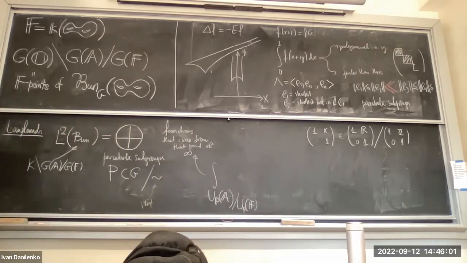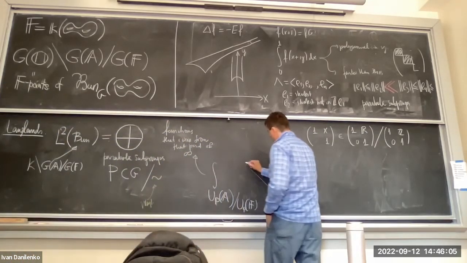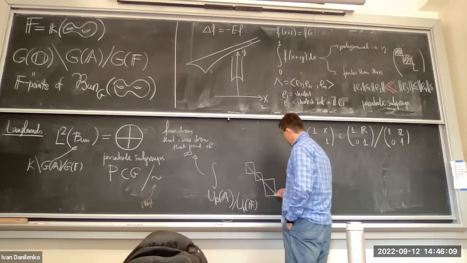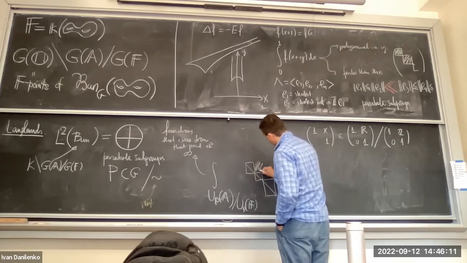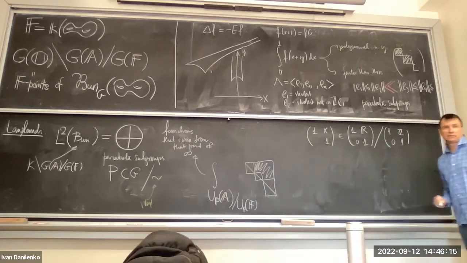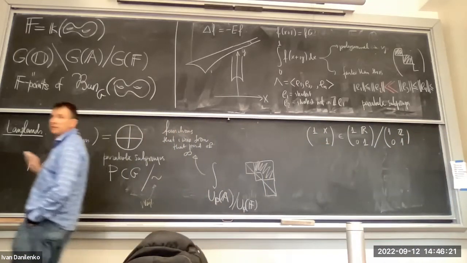So for parabolic functions, I have to integrate over the parabolic function, and I will have to integrate over all this part modulo the matrix. This is the operation of taking the constant term.